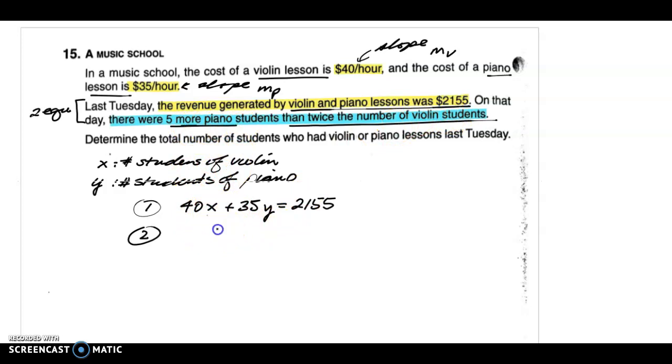So for Y is equal to, right, because piano is Y, there were twice the number of violin students. There's my twice the number of violin, but there were 5 more for those piano. Right? So there's the twice as many, that's my 2x. This is my plus 5, right? So that's my relationship.